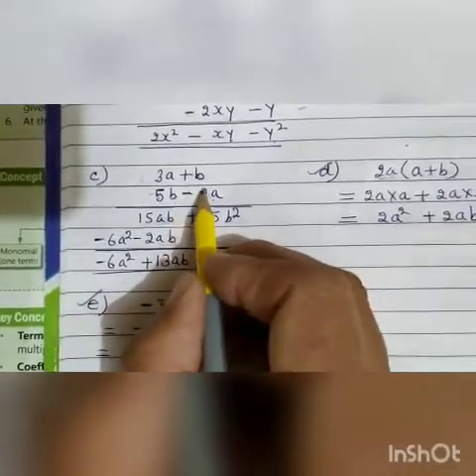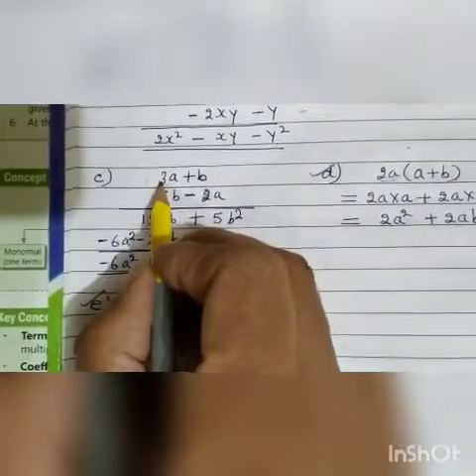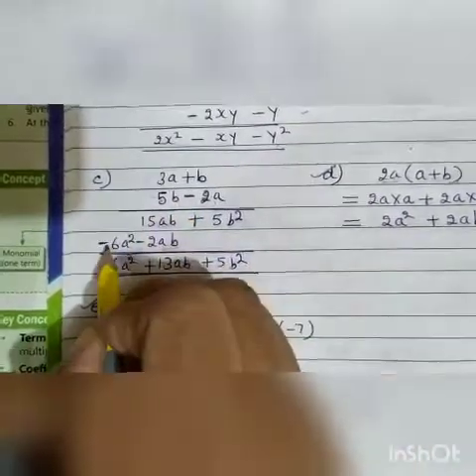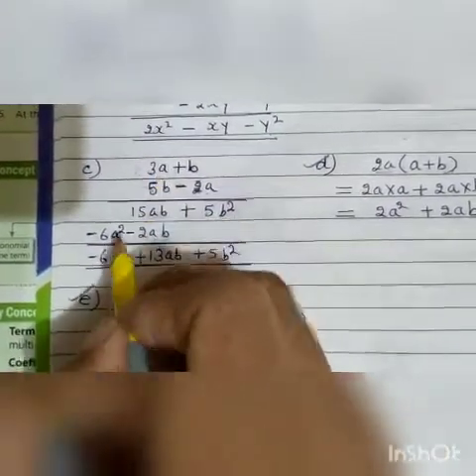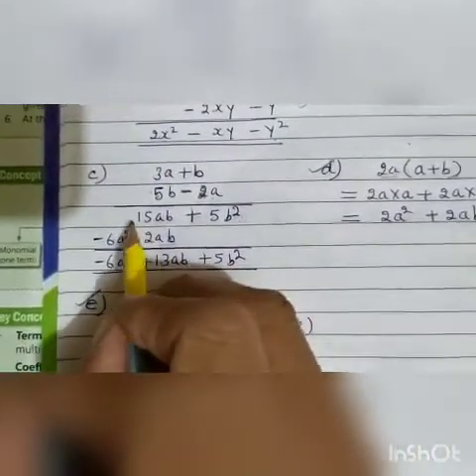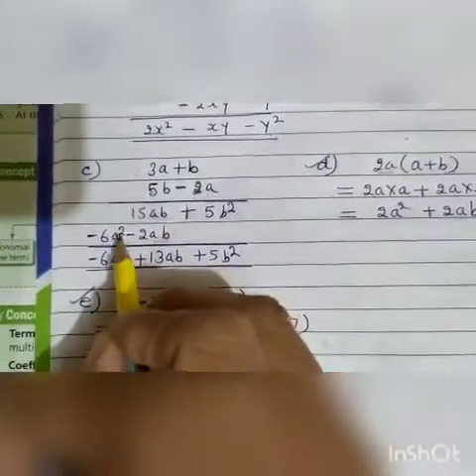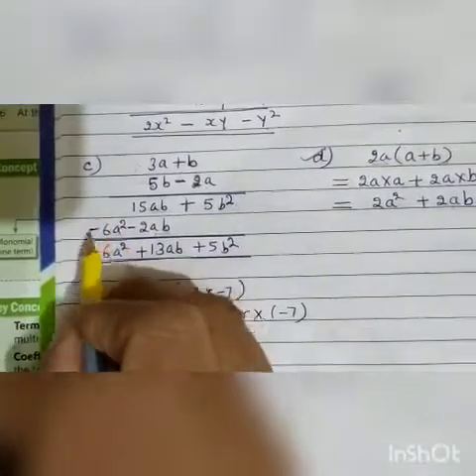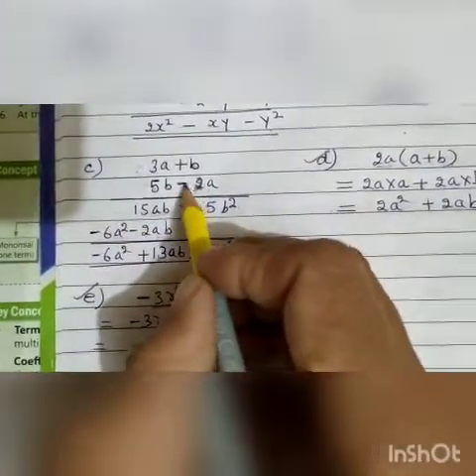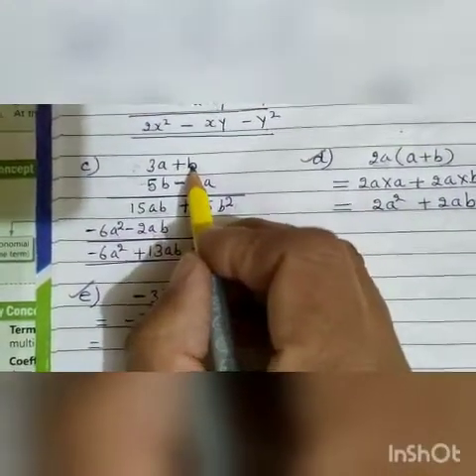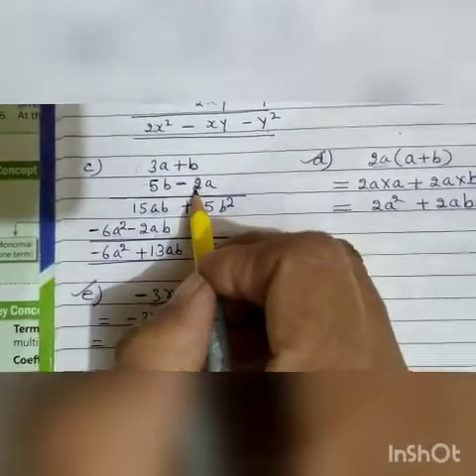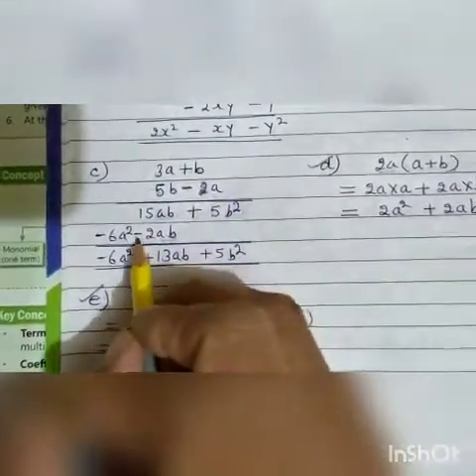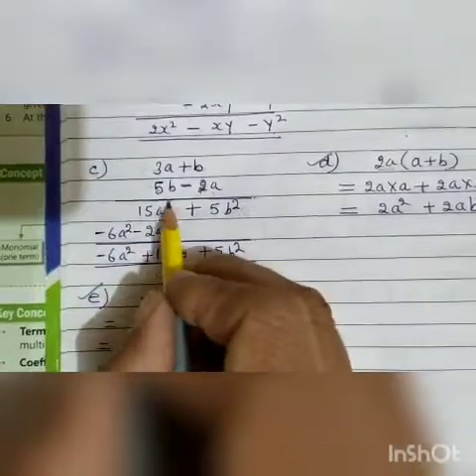When this minus 2a multiplies by this 3a, plus minus minus, 3 times 2, 6a square. There is no term with literal factor a square in this first line, so we will write it as an extra term. Now minus 2 multiply this plus 1, 2 times 1, 2ab. We will write this minus 2ab below this 15ab.